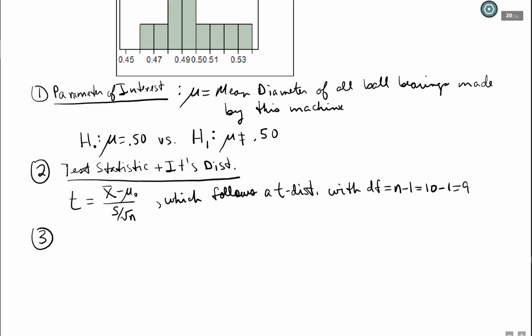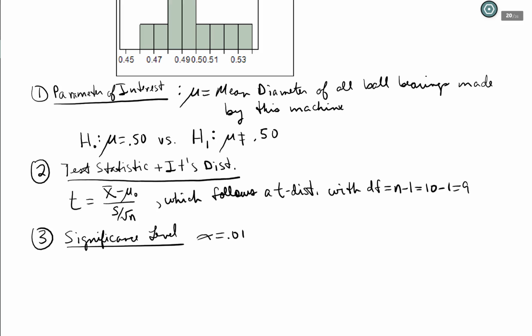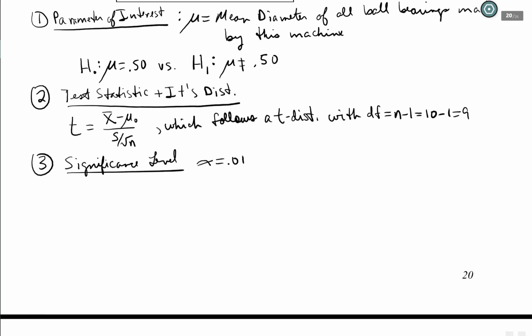Step 3, the significance level. Here alpha, you can look back up in the problem, alpha was chosen to be 0.01. Remember, alpha is the probability of a type 1 error that we're willing to live with. That's the significance level. The rejection region here, draw a picture of that.